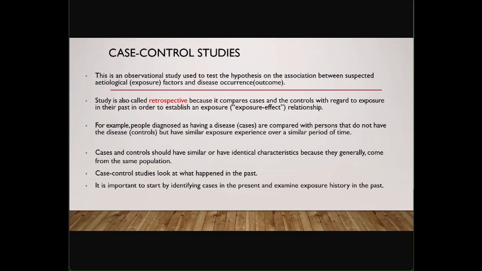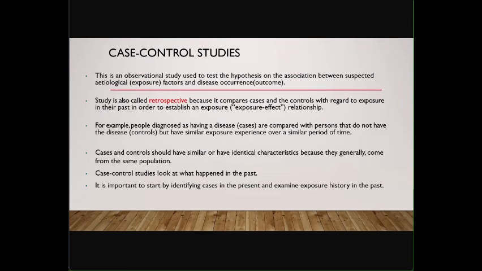So we identify the few persons who have developed lung cancer. We now identify a similar group of individuals, comparable to these ones, similar in terms of demographic attributes, age, sex, and in terms of socioeconomic attributes, right?